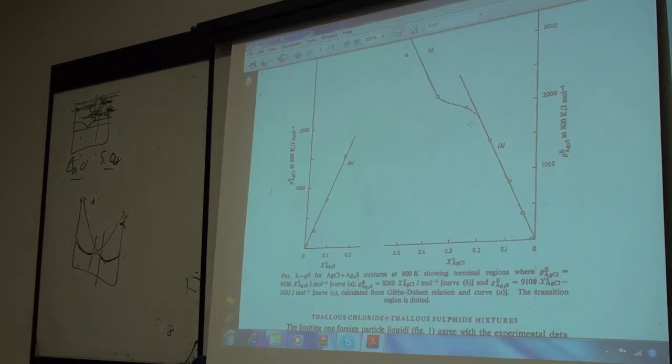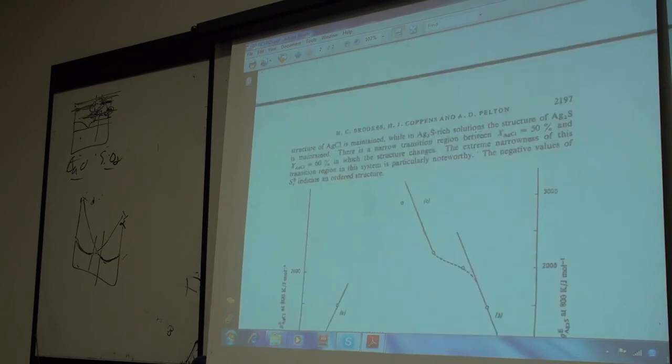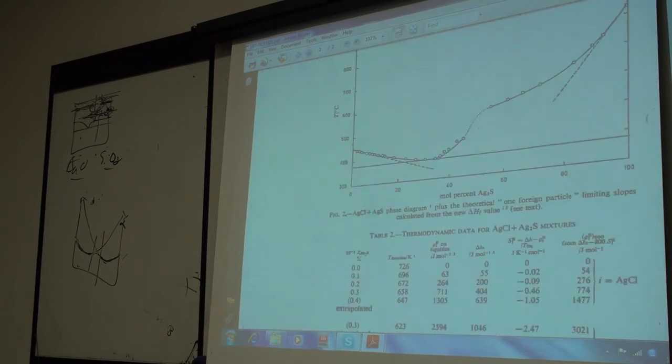So this system is fitted very nicely with these two expressions. Here you have a very simple regular solution model, but with respect to this other standard state. And over here you have a regular solution model right up to here. And there's only this small transition region in which the two structures have to come together.